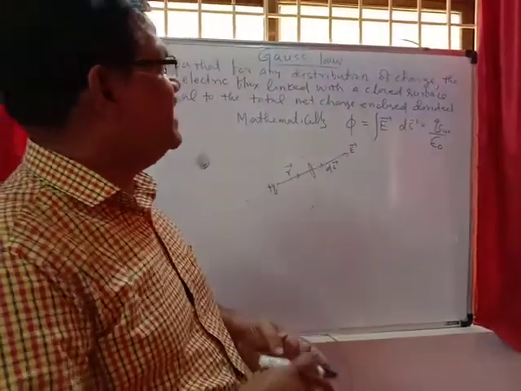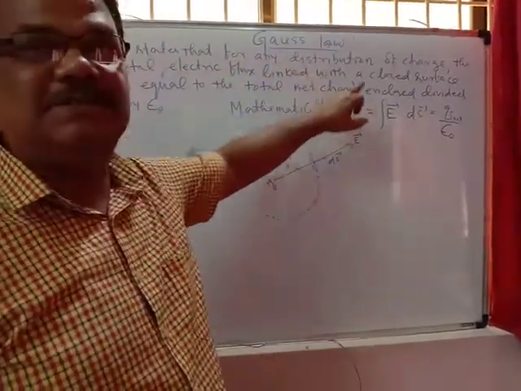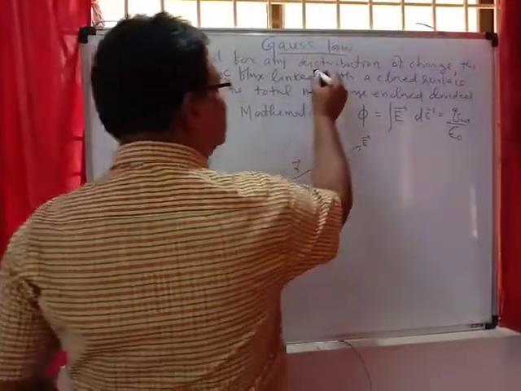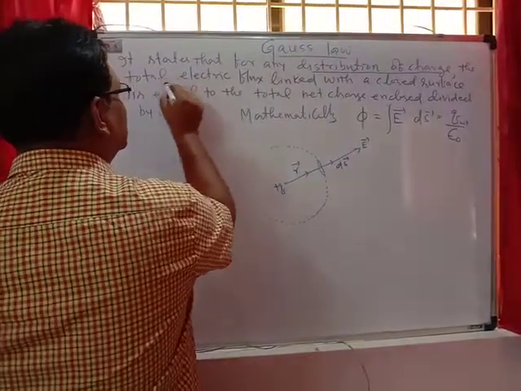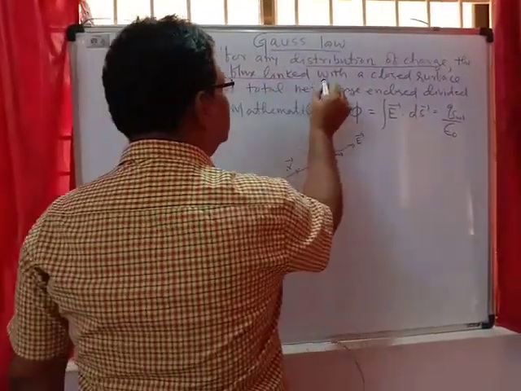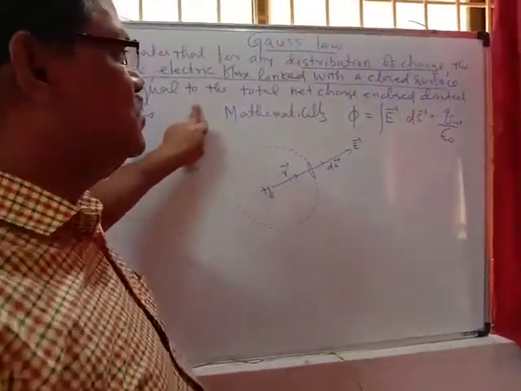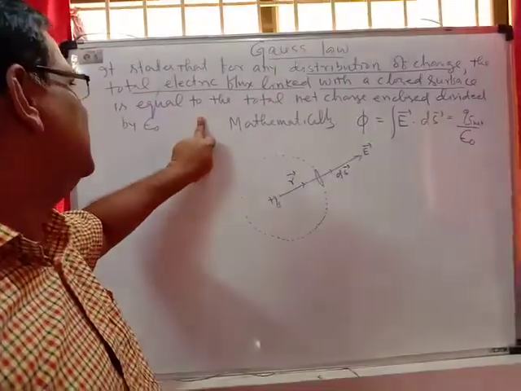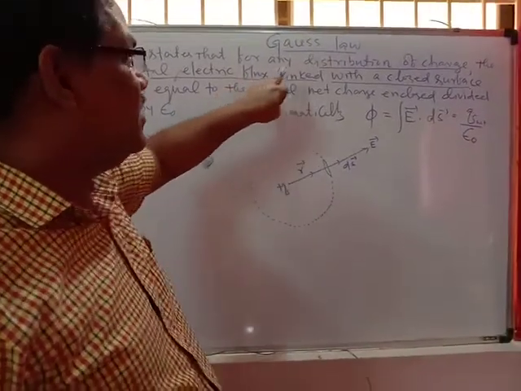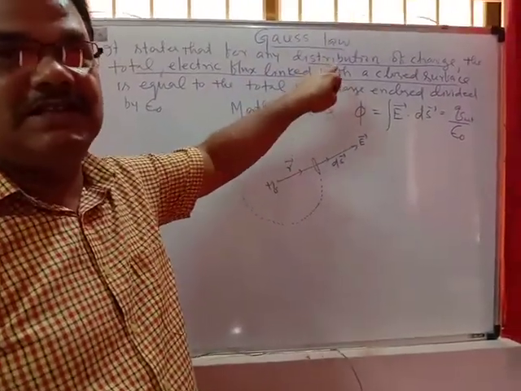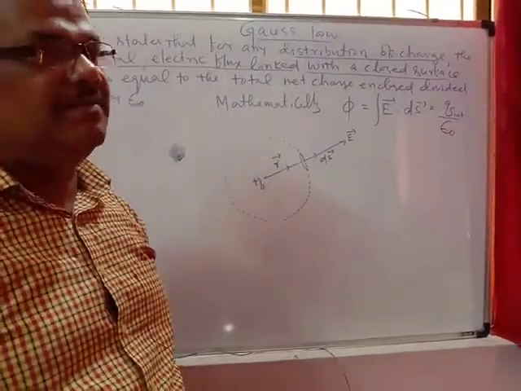The Gauss law states that for any distribution of charge, the total electric flux linked with a closed surface is equal to the total net charge enclosed divided by epsilon naught. Again, I am telling that for any distribution of charge, the charge may be a point charge or may be held on a body.